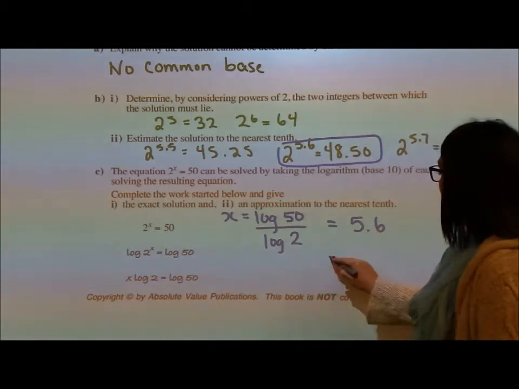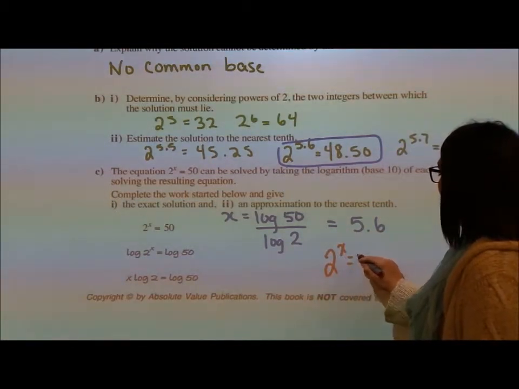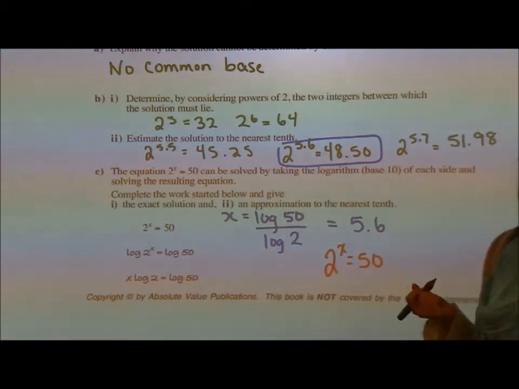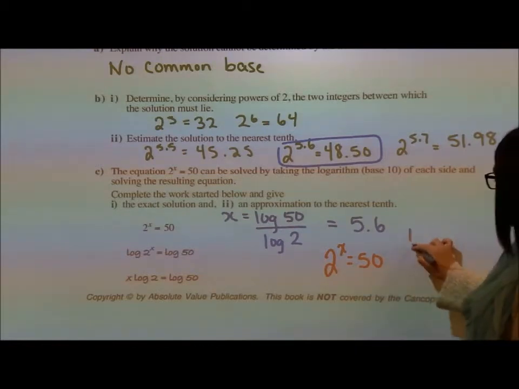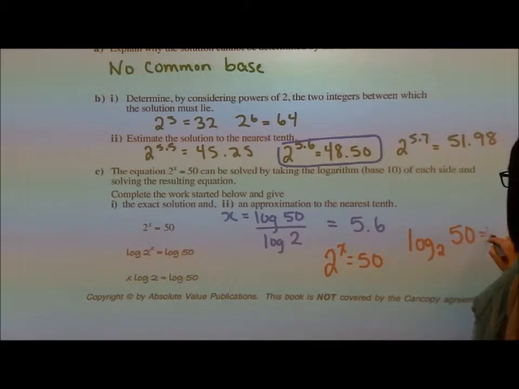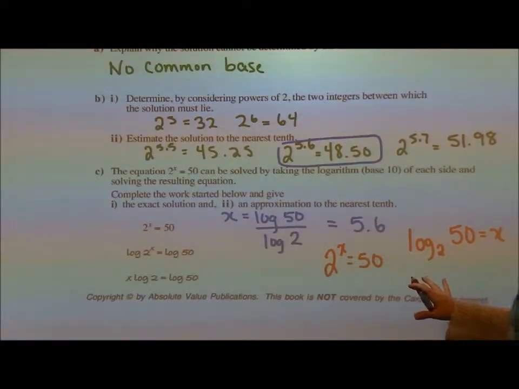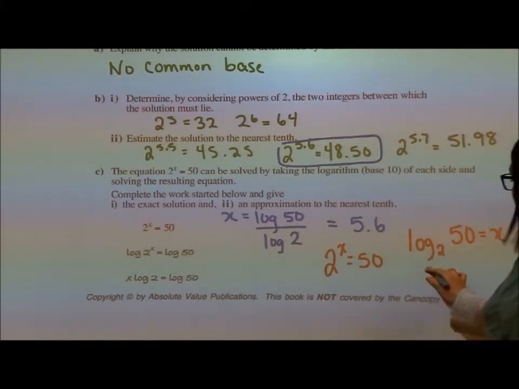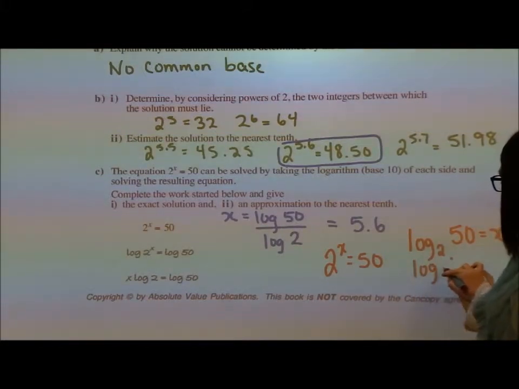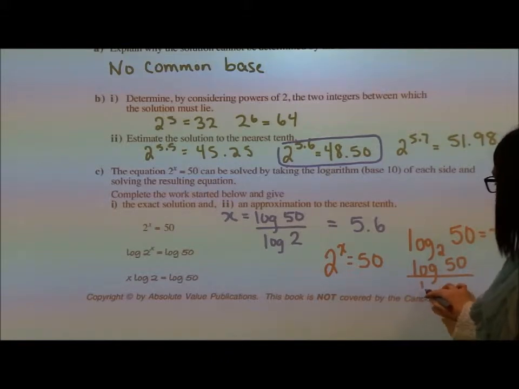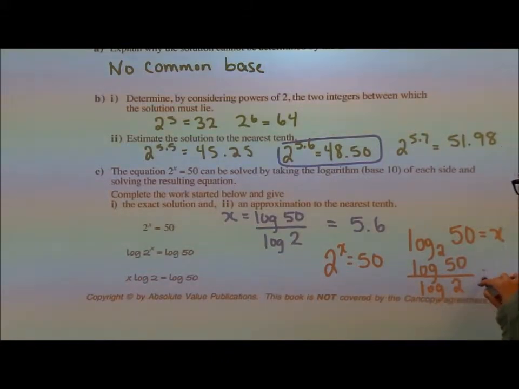With my 2 to the power of x equals 50, I could start off by rewriting it as a logarithm. Log base 2 of 50 is equal to x. And then from here, to put it into my calculator, I could use my change of base. That says I take log of the argument and divide it by the log of the base.